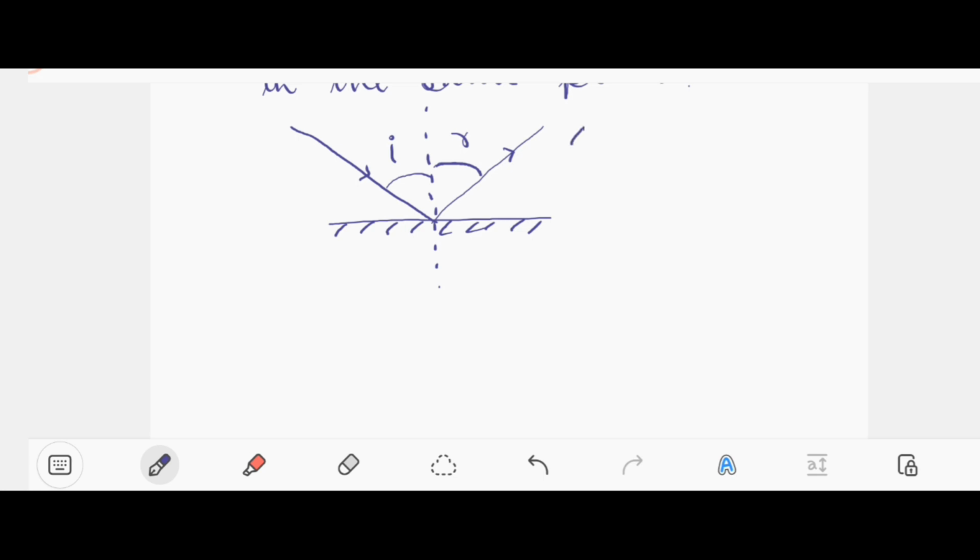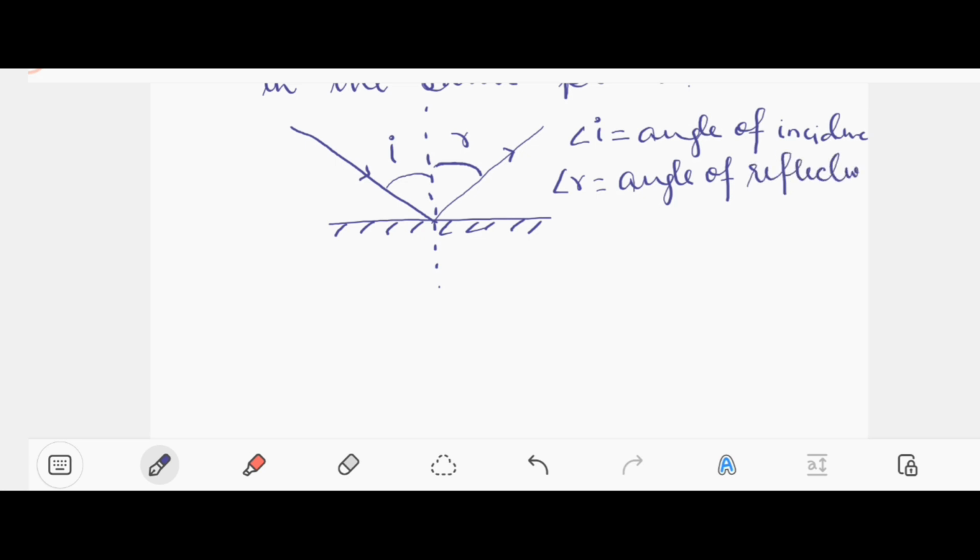So angle I is the angle of incidence, and angle R is the angle of reflection. Now, the second law says that the angle of incidence is always equal to the angle of reflection.